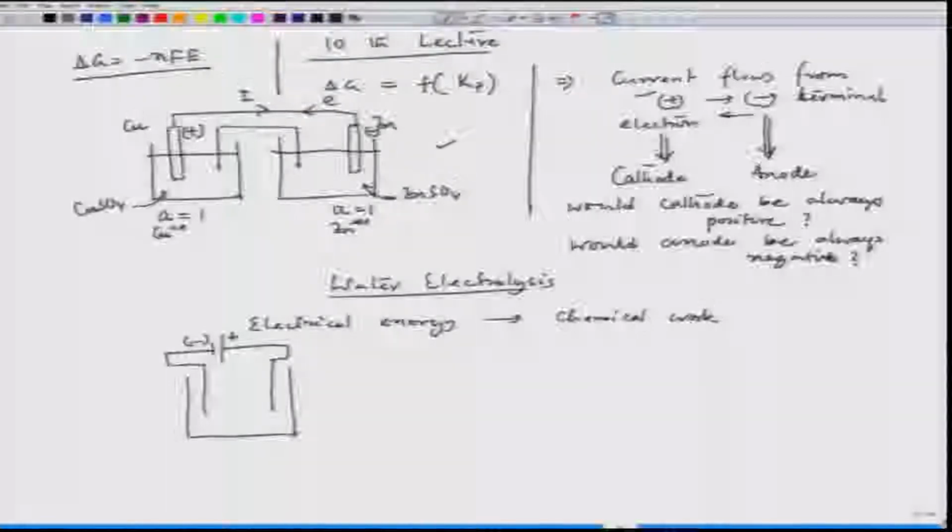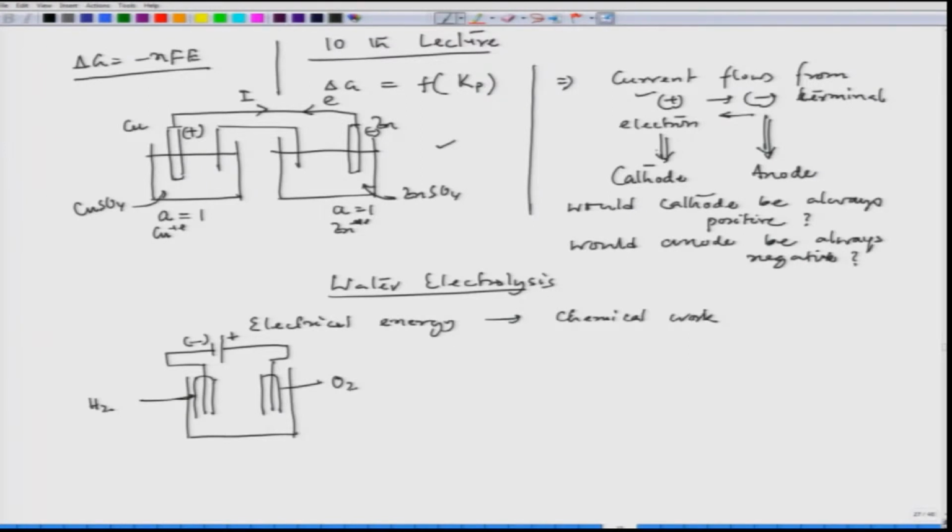The side which is connected to the negative terminal, here we get hydrogen, and the terminal which is connected to the positive terminal of that external cell, we get oxygen.